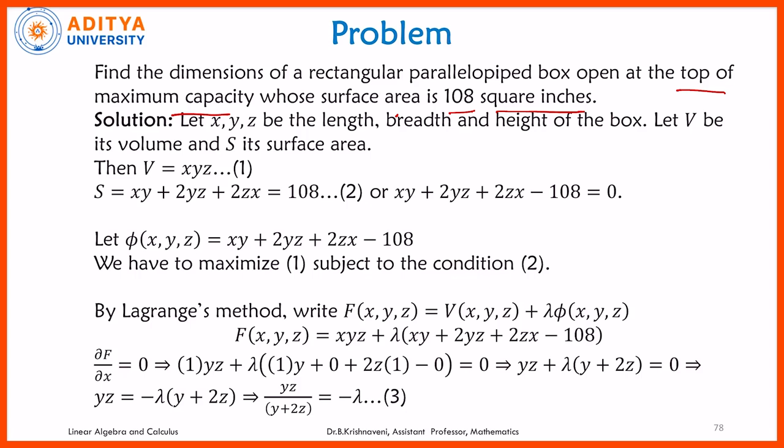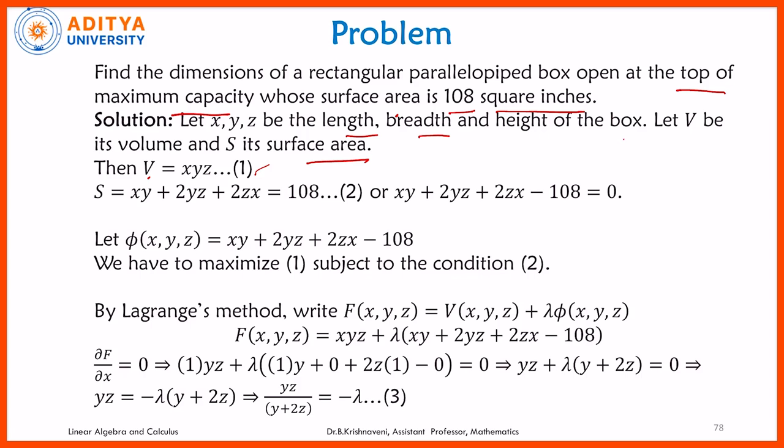Now let us take x, y, z to be the length, breadth and height of the box, which gives the dimensions, and let V be the volume and S its surface area. And we all know that volume is equal to xyz, that is length into breadth into height, it is equation number 1.